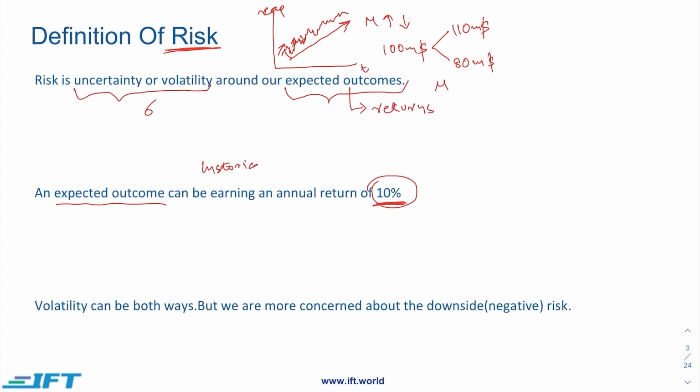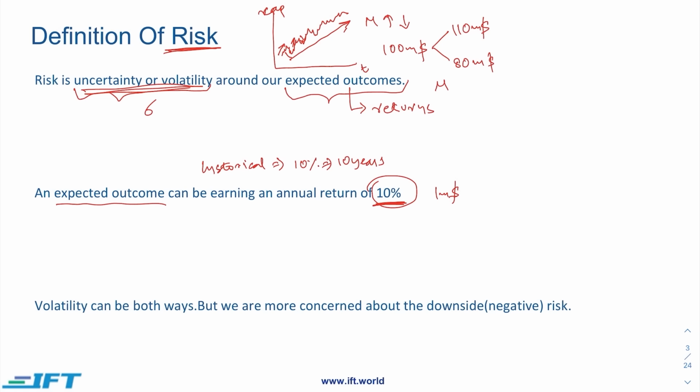So if we have seen in a particular market a historical return of 10% during the last 10 years, then based on the history, we are expecting that in the next year, when we have invested, let's say $1 million, we will be getting somewhere around 10%. But because of this uncertainty, because of this volatility, our investment can go both up and down.